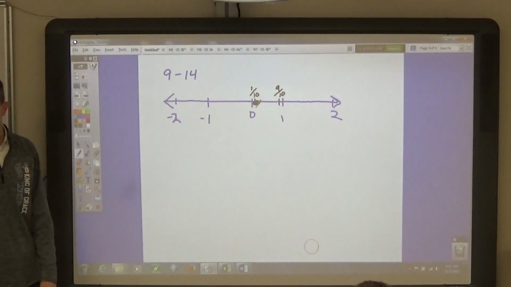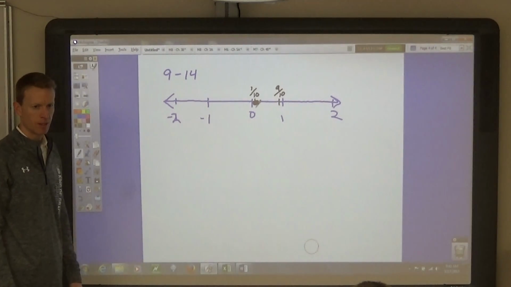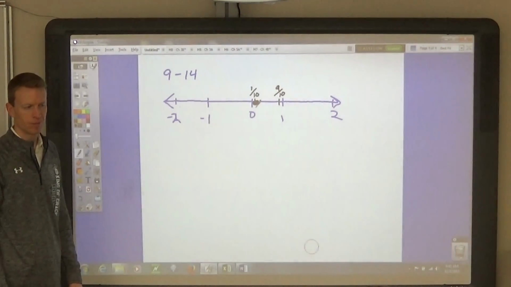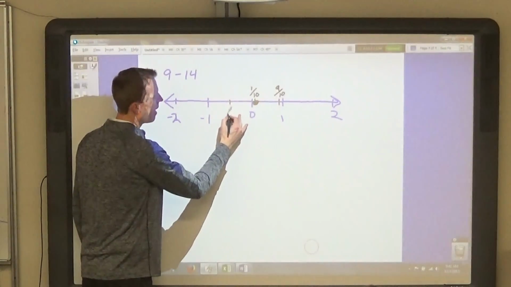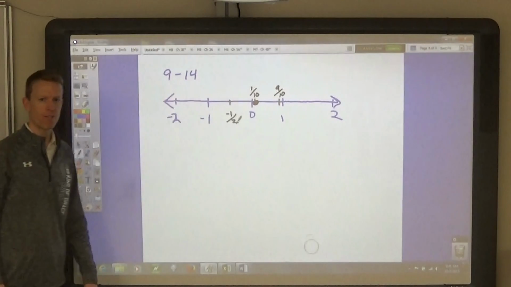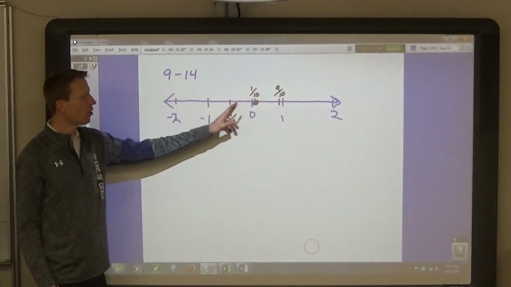Then number 10 is -3/5. Where would that go? If this is -1/2, where would -3/5 go? A bit before that? Would it be closer to 0?